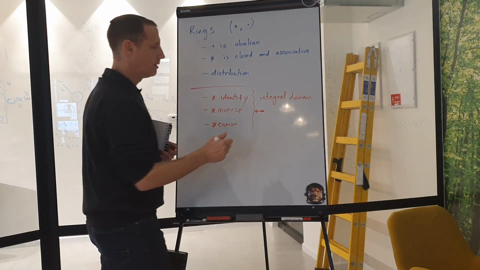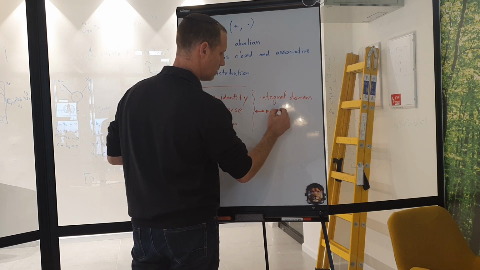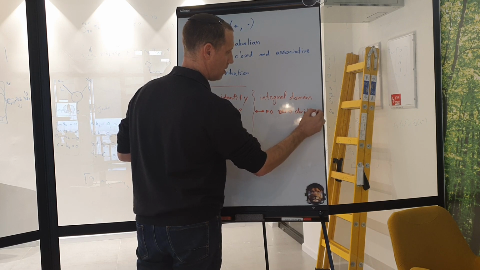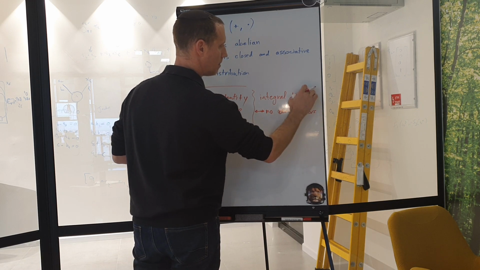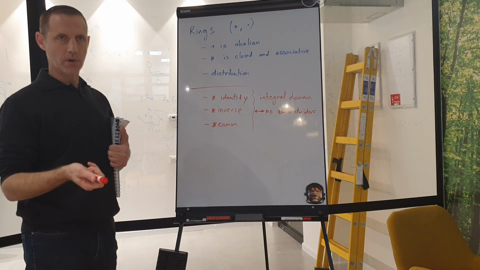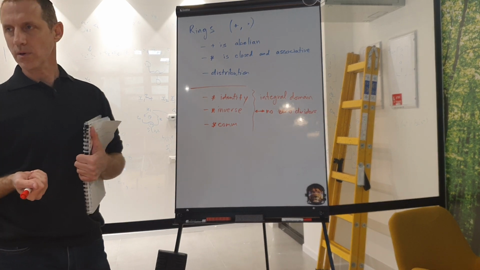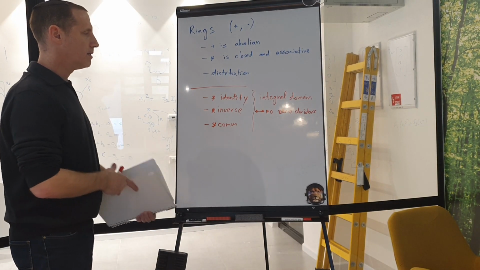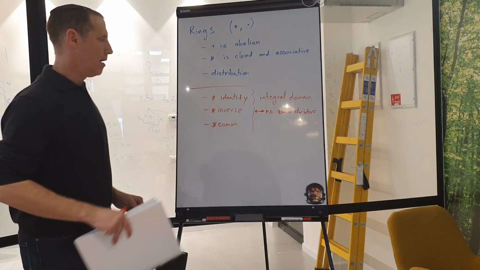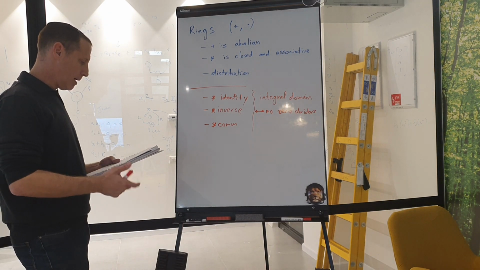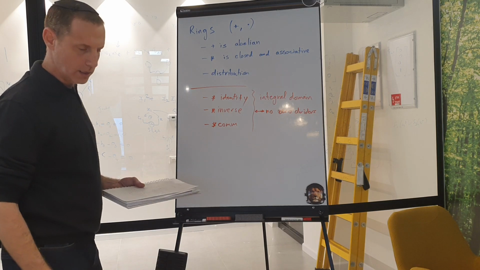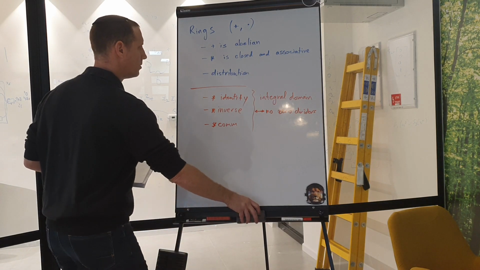It's not equivalent, right? But we said instead we'll do no zero divisors, which means that if any product equals 0, then one of the arguments has to be 0, right? That's no zero divisors, and that already gives us quite a lot of structure. Okay, so that's just really going back, and then we continued to subrings.